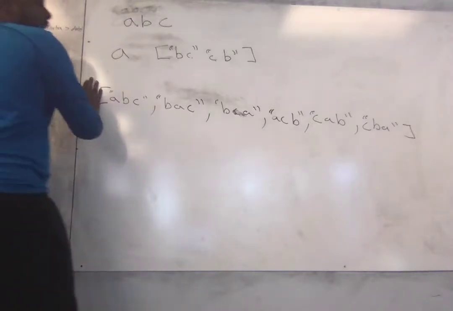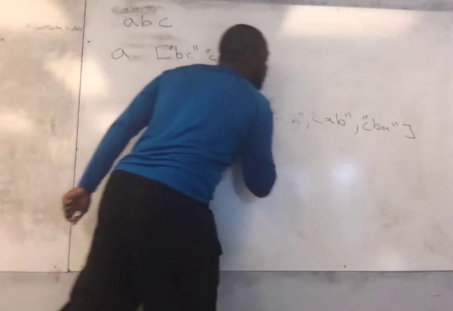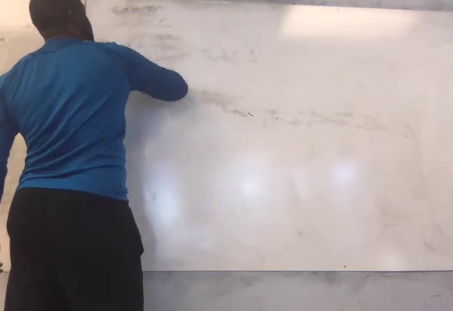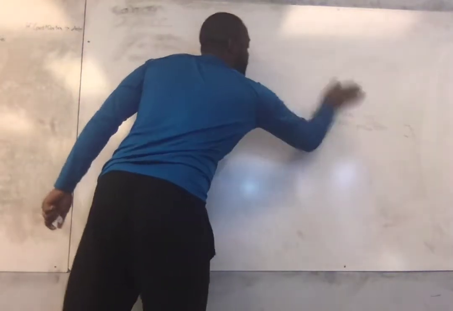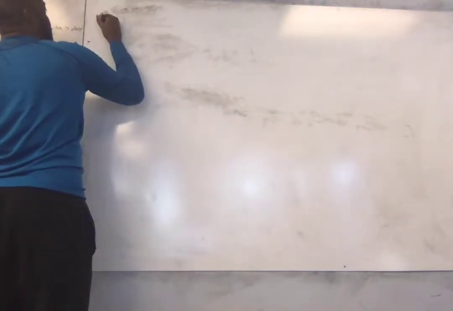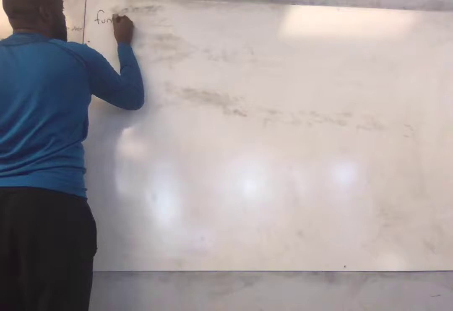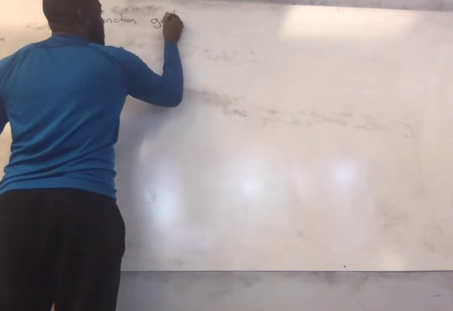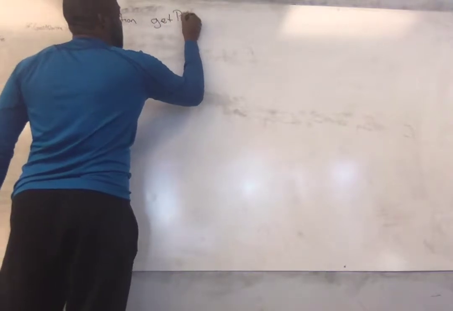So how would that look in code? Well, something like this. Let's do function getPerms.